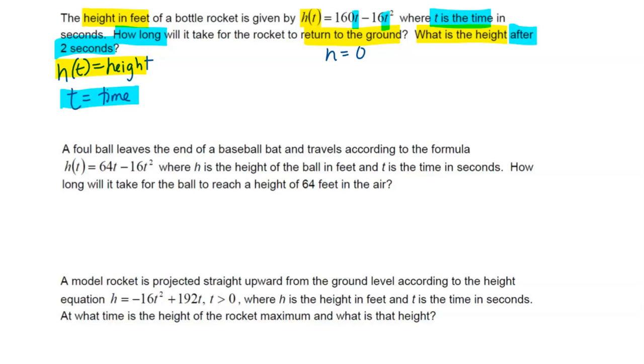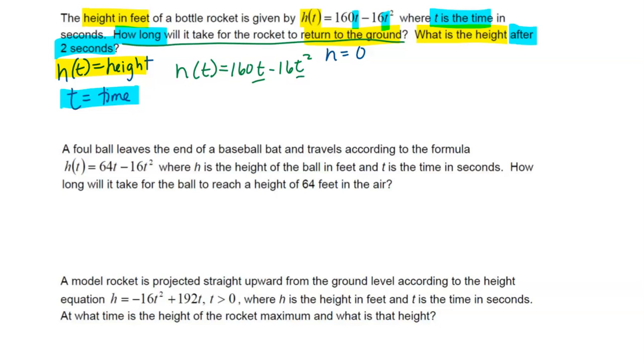Now let's go to the question part of it. The very first question said, how long will it take for the rocket to return to the ground? So if my equation is h of t equals 160t minus 16t squared. When they say how long will it take, what are they asking me to find? The time. So t should be my variable.